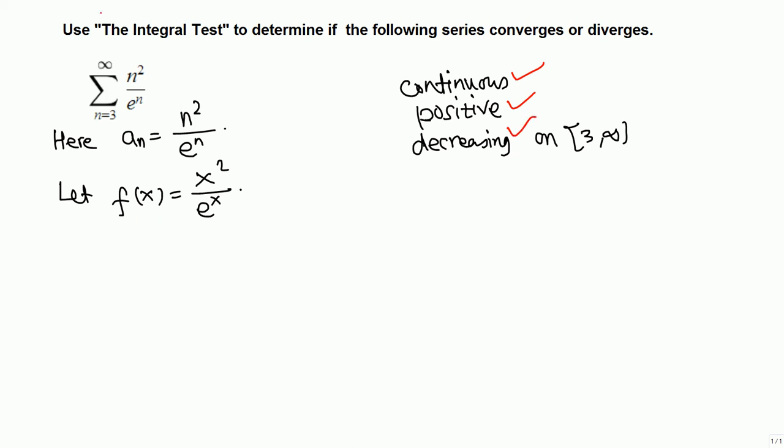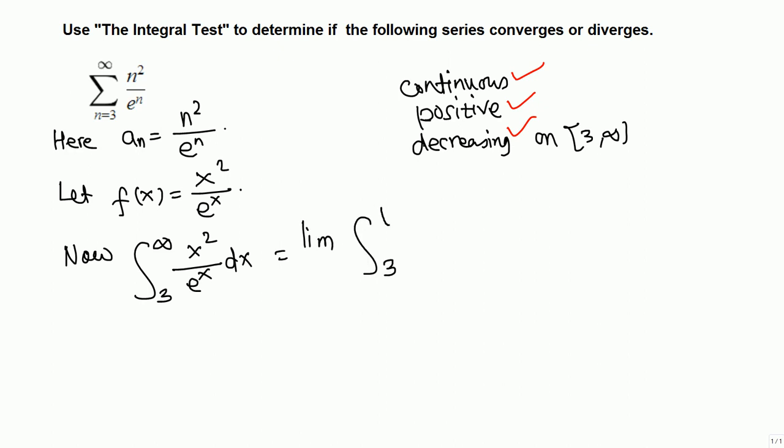Now for the integral test, we evaluate the improper integral, in this case from 3 through infinity of x squared over e to the x dx. Improper, so we need to take the limit, from 3 through t, let t go to infinity, of x squared over e to the x dx.